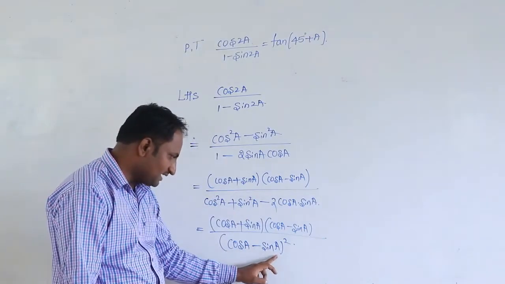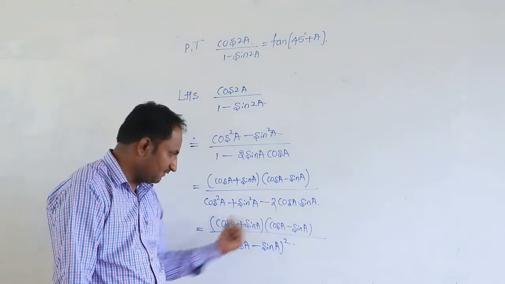Here (cos A minus sin A) whole square, so one cos A minus sin A gets cancelled.